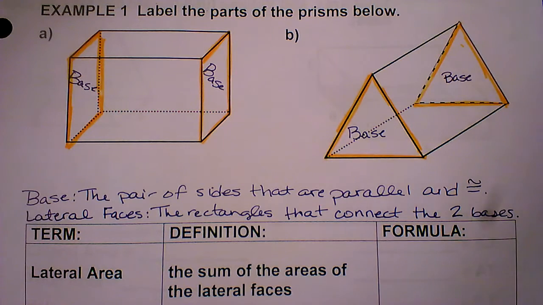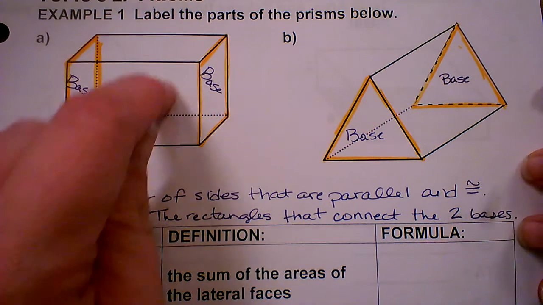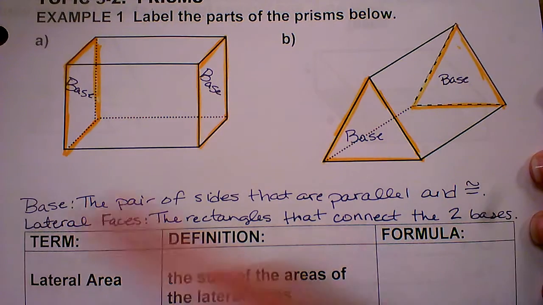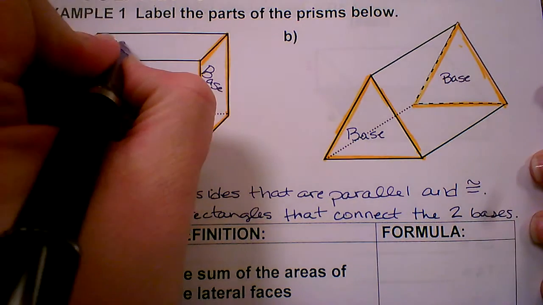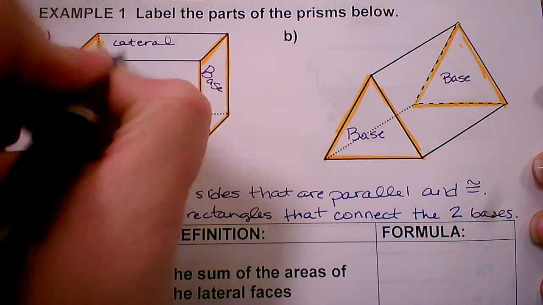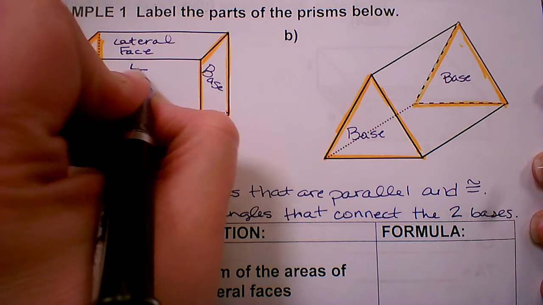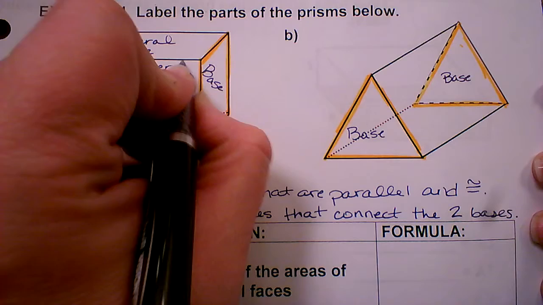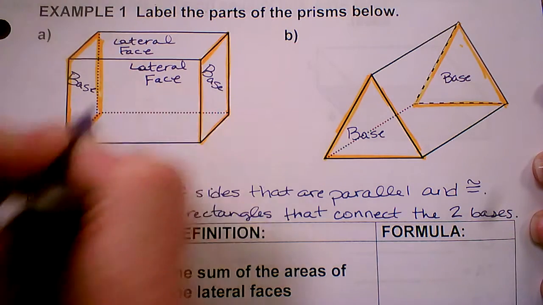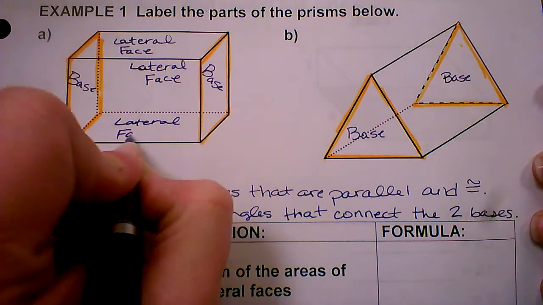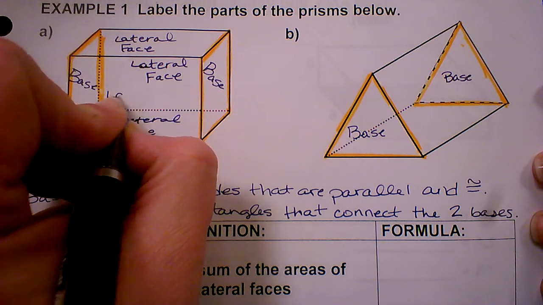And that is what a lateral face is. Now notice here we have 1, 2, 3, 4 lateral faces. Here we have 1, 2, 3. So we're going to label those lateral face, lateral face, that's the back one, the bottom one, and then the front one.